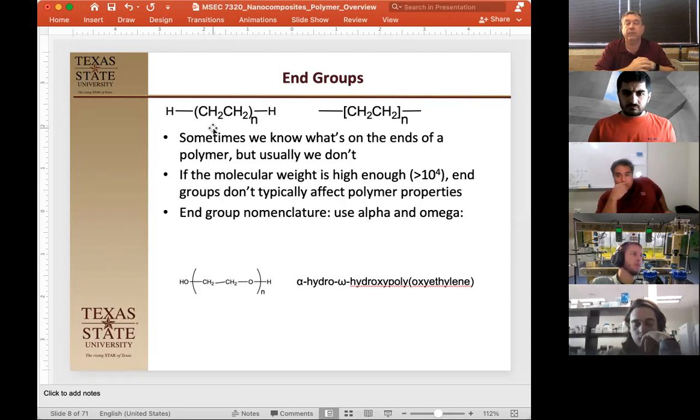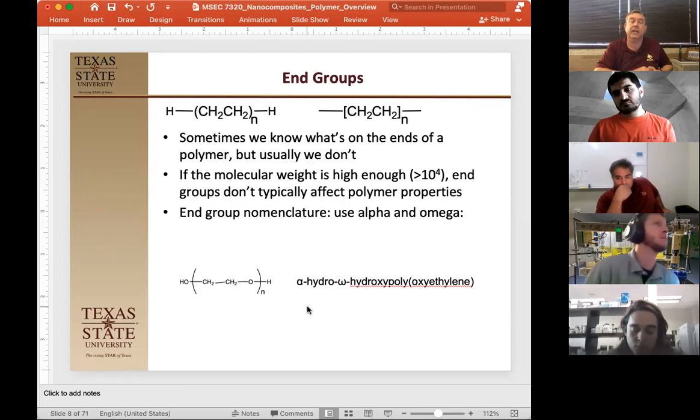For example, if we want two ends of the polymer to be reactive, in the case of this one down here, the hydroxy polyethylene oxide, we actually might want to use that to react with the polyurethane. So we need to know that there's an OH group at both ends. And so we can say that at one end, the alpha, which would be the head of this, has a hydrogen.